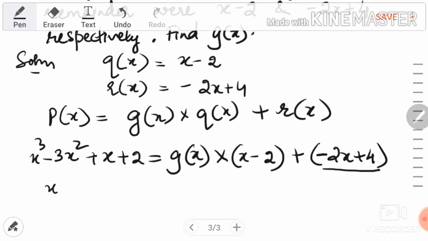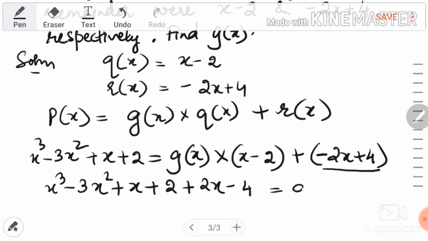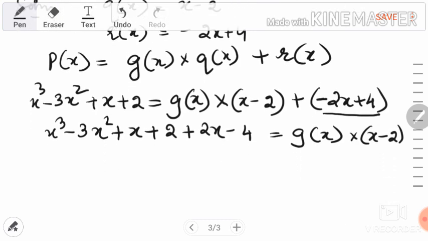So we get x cube minus 3x square plus x plus 2 plus 2x minus 4 equal to g of x into x minus 2. Now add the like terms over here, x and 2x and the constants.